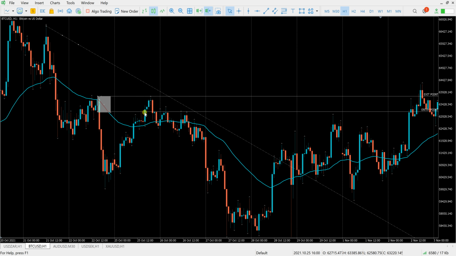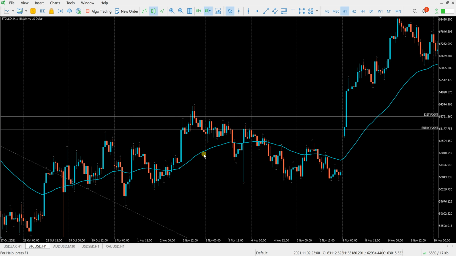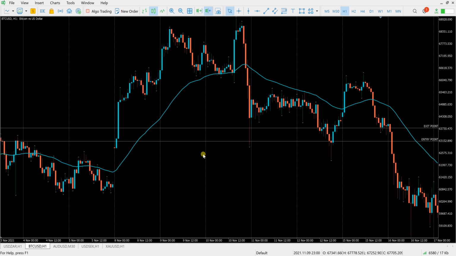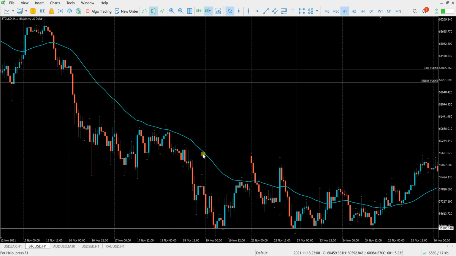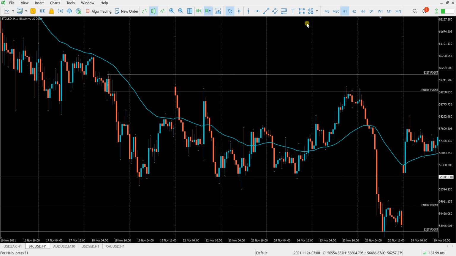When price got to this very level, it dropped, as a sell limit order. You will also see that happening in several other places. Say for example, price has dropped to this very level. You don't want to sell as low as this, you want to sell as high as this. Then you can come here and set your sell limit order, so that when the market rolls back to it, it sells.